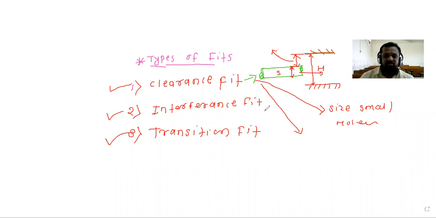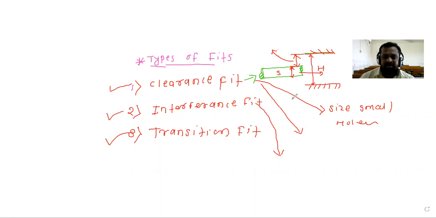Okay, now see here what is meant by the interference fit? Just you have to remember, this is a very basic concept. Okay, in that interference fit, what will be the arrangement?